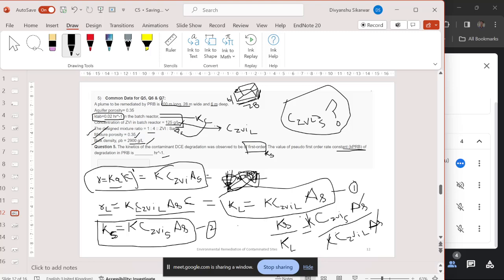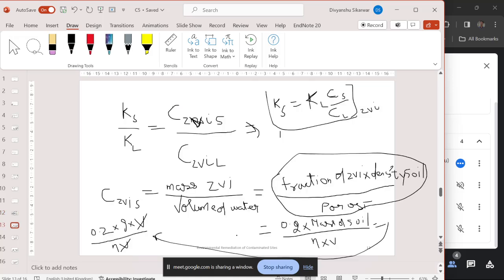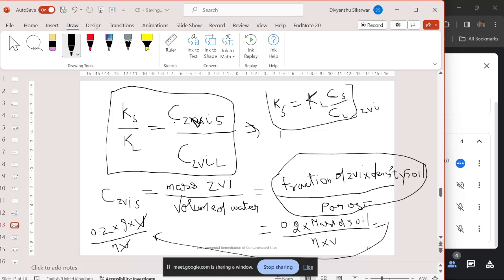If we take the ratio of both rate constants, the K and cross section area will get cancelled out, and we will have a relation like this, where the ratio of pseudo first order rate constant in soil with respect to lab will be equal to the corresponding ratio of ZVI concentration.